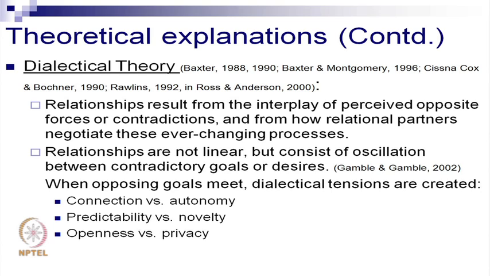Secondly, we also believe that relationships are not linear. They don't go in a line, but they consist of oscillation between contradictory goals or desires. I'm either completely in favor of you or I'm completely not in favor of you. I would like to give you the best possible training in communication, but I'm worried that all this may be too complicated, or this may not be appropriate for the age and stage that you're at.